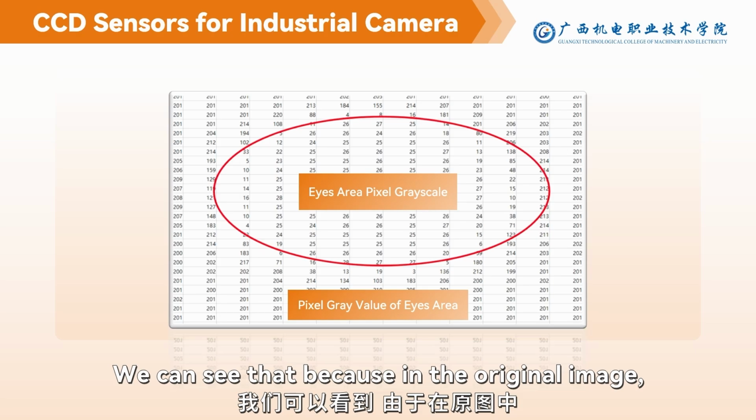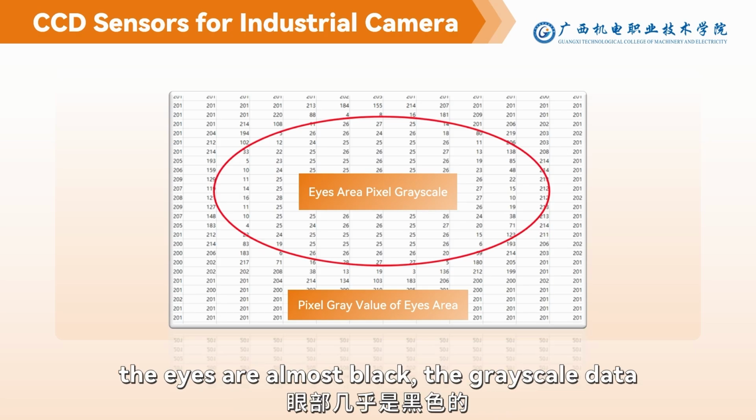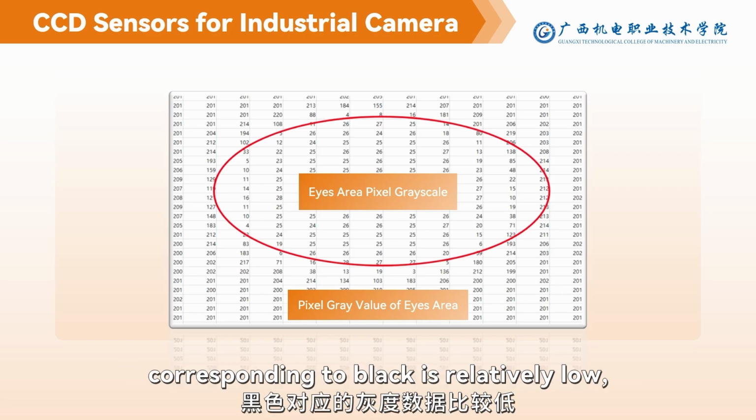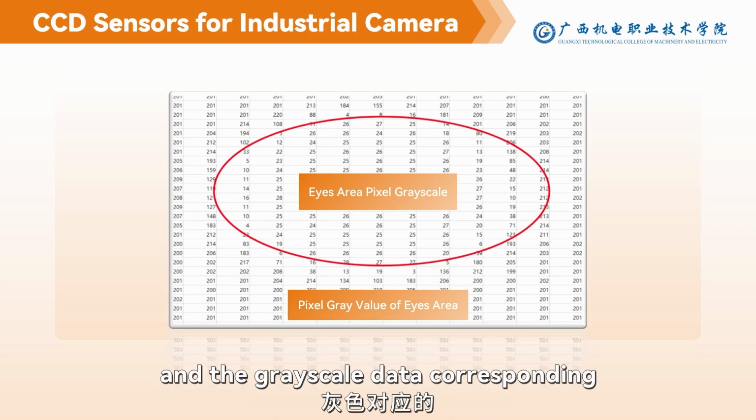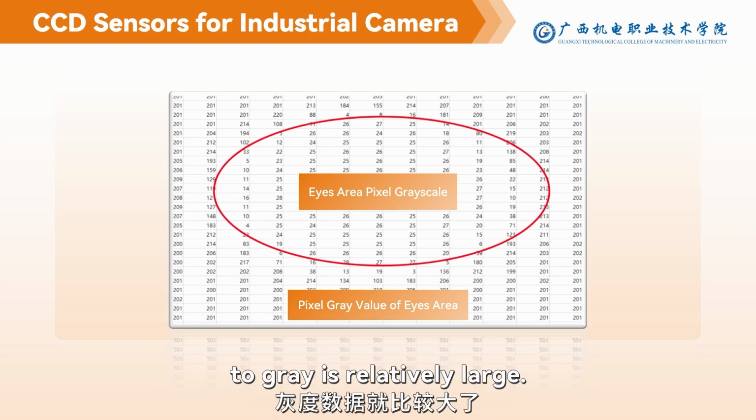We can see that because in the original image, the eyes are almost black, the grayscale data corresponding to black is relatively low. The area around the eyes is gray, and the grayscale data corresponding to gray is relatively large.